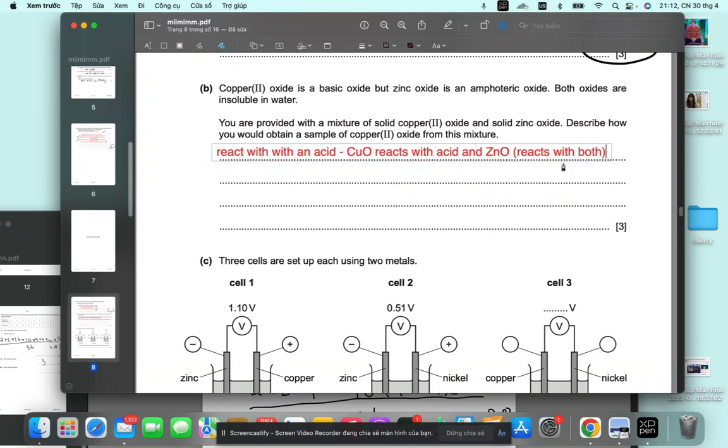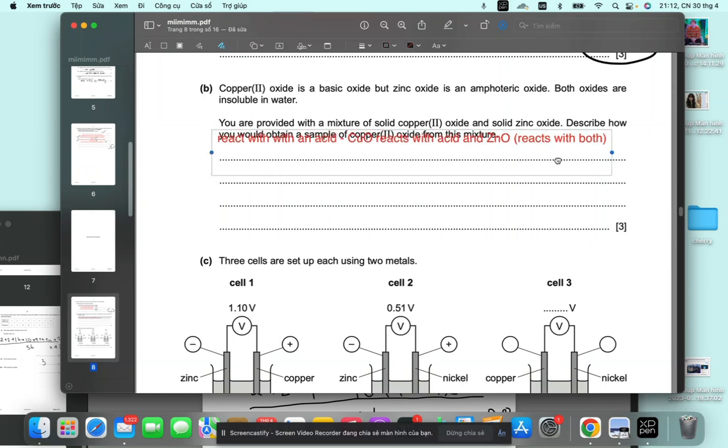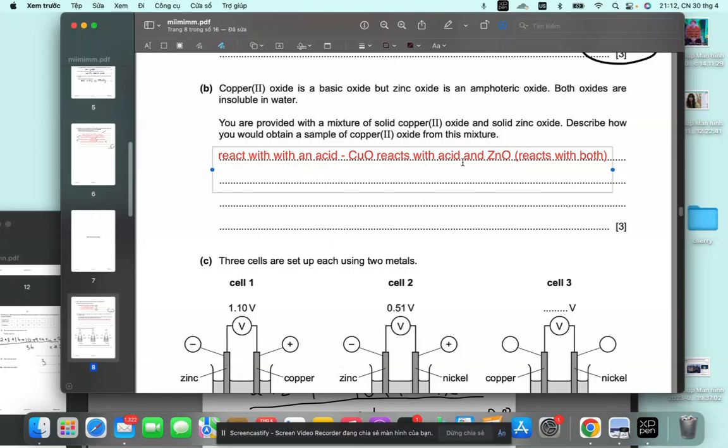That's my first idea. Or we could react this with... Okay. So let's see.